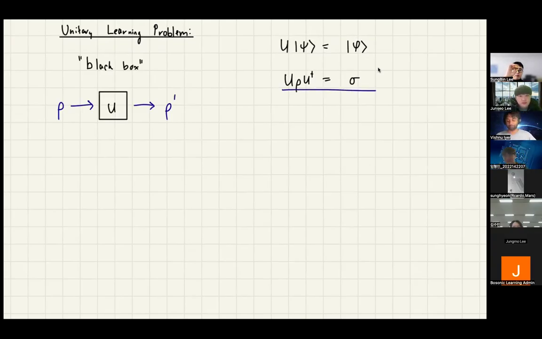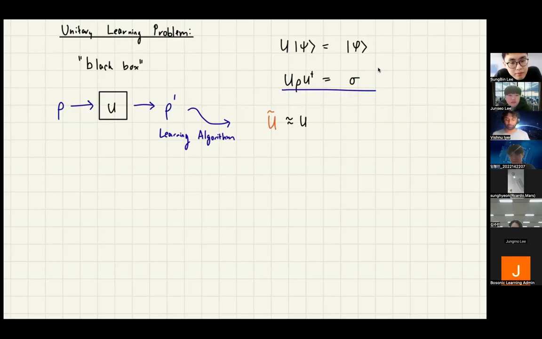This is what happens, right? U is going to act on rho and give you some other state rho prime, and then you're going to run some algorithm. This is your unitary learning algorithm, and the goal is to output some U tilde that's close to U.